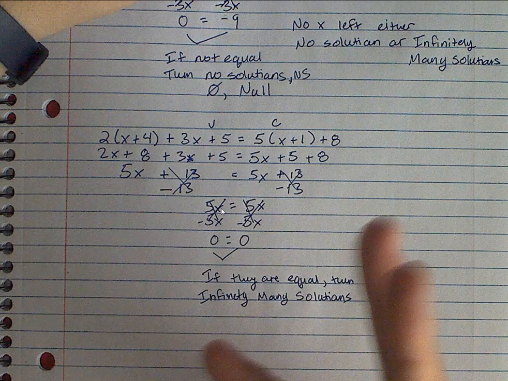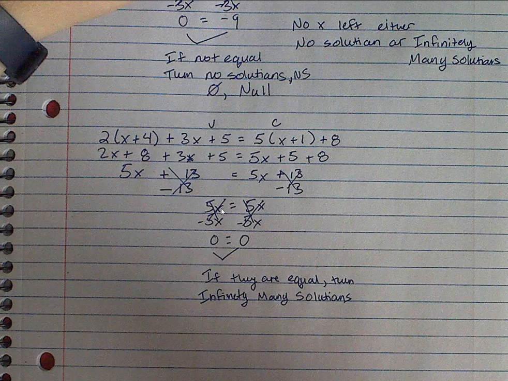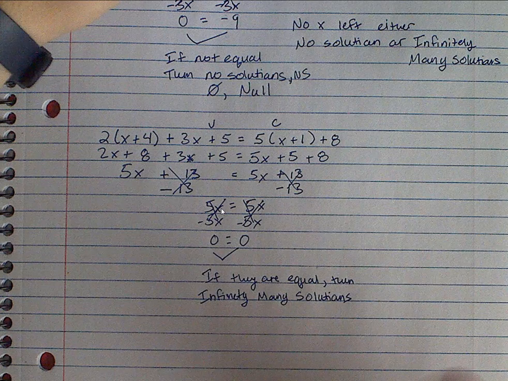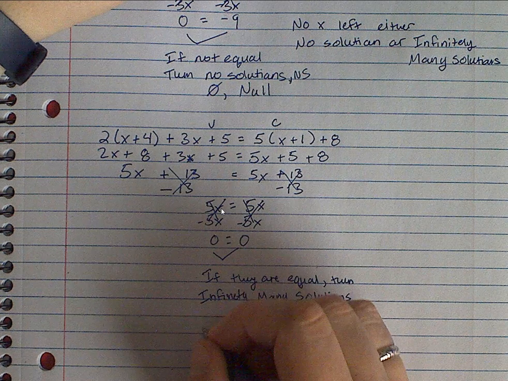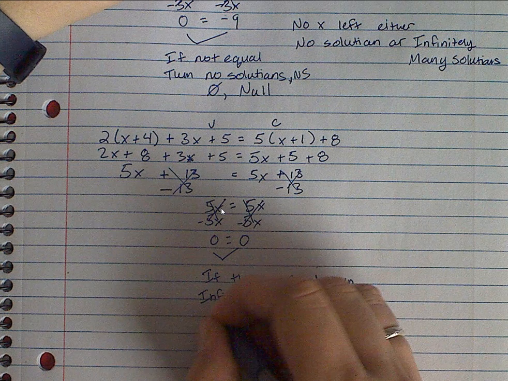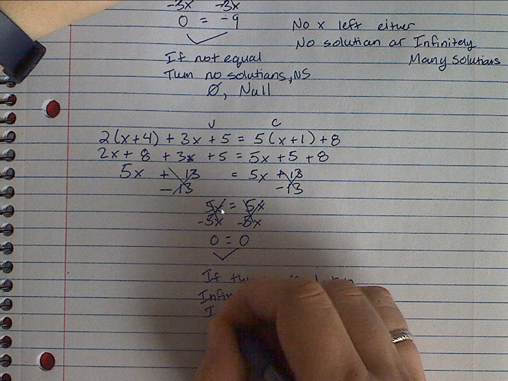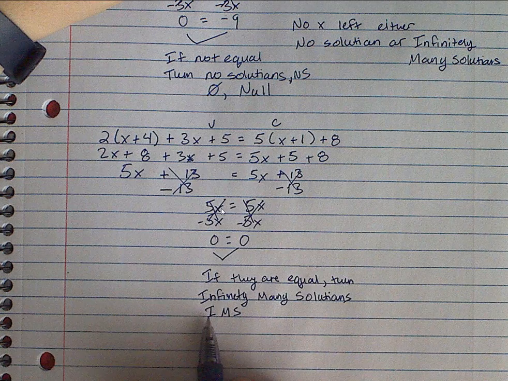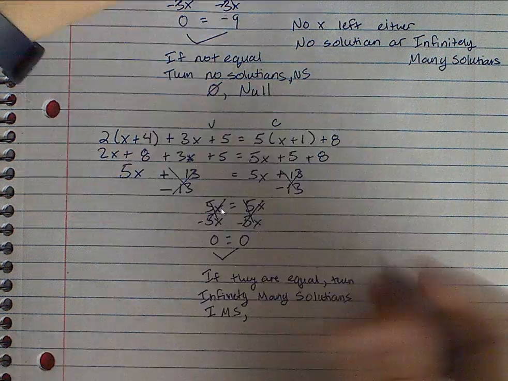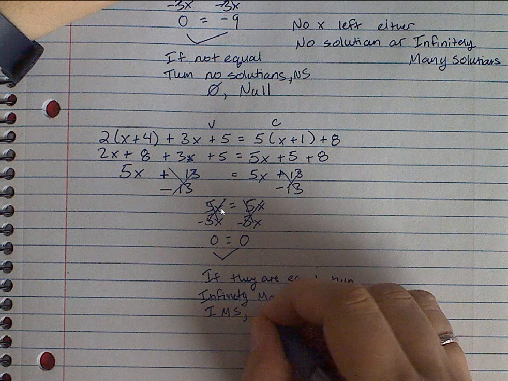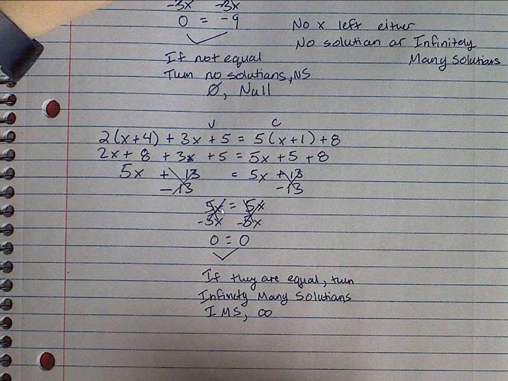Infinitely, that's 4 syllables. Solutions, that's 3 syllables. Holy cow. So if you don't want to have to write all of that, there's a couple different ways you can abbreviate it. The first way you can abbreviate it is IMS for infinitely many solutions. And the second way you can abbreviate it is the infinity symbol, which is this kind of sideways 8.